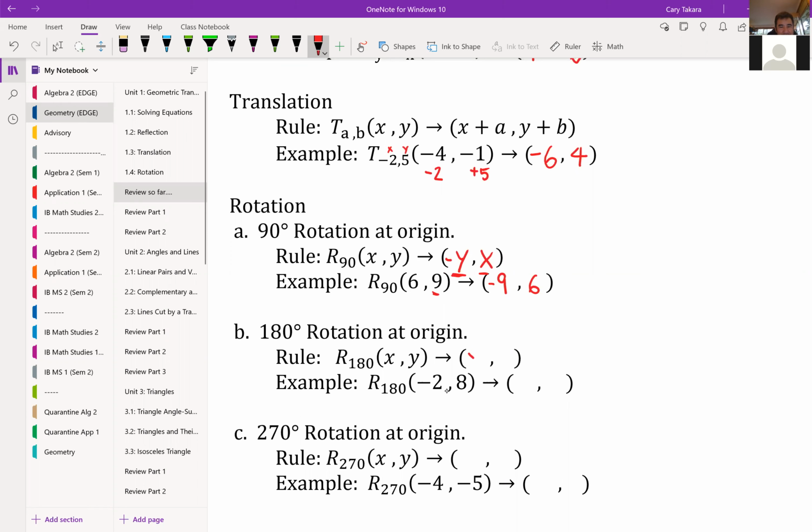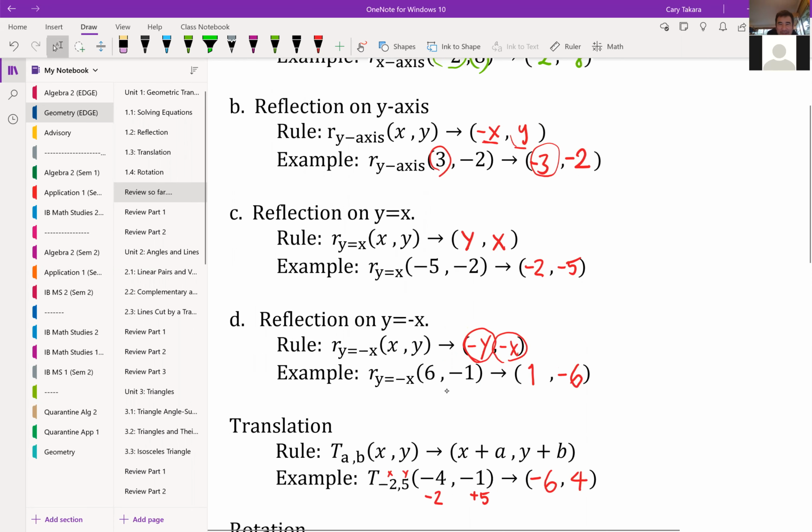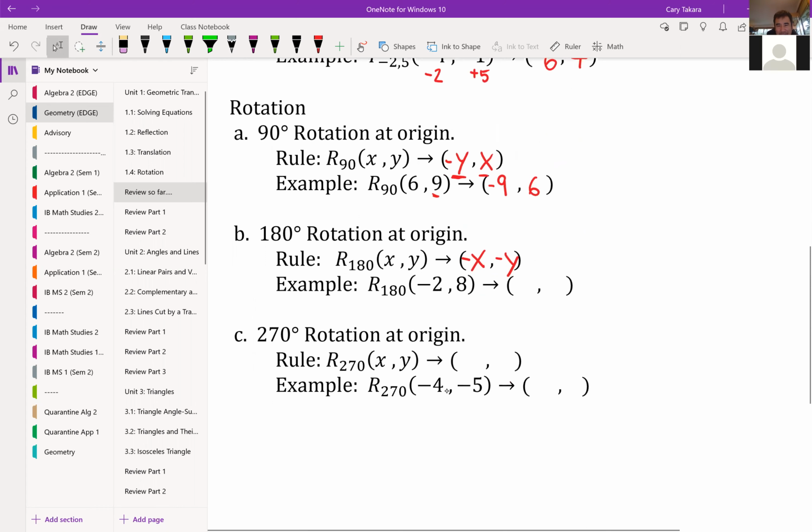I think it's y and x, right? No, that's not it. Negative x and negative y. It's negative x and negative y. Y and x is the reflection over y equals x. My bad, guys.